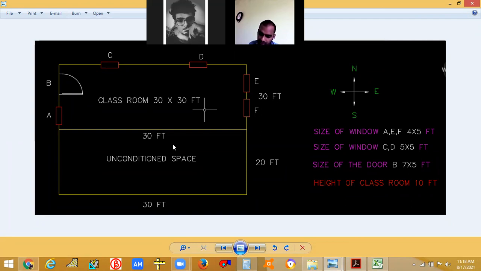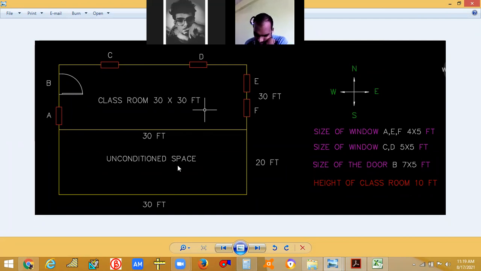When can we call a wall a partition wall? We can call a wall a partition wall when one room is conditioned and the other room is unconditioned. Only then will we be able to call that wall a partition wall. Understood what I am saying? For example, if this room was conditioned space, even though there was a wall in between these two rooms, we won't be able to say that is a partition wall.